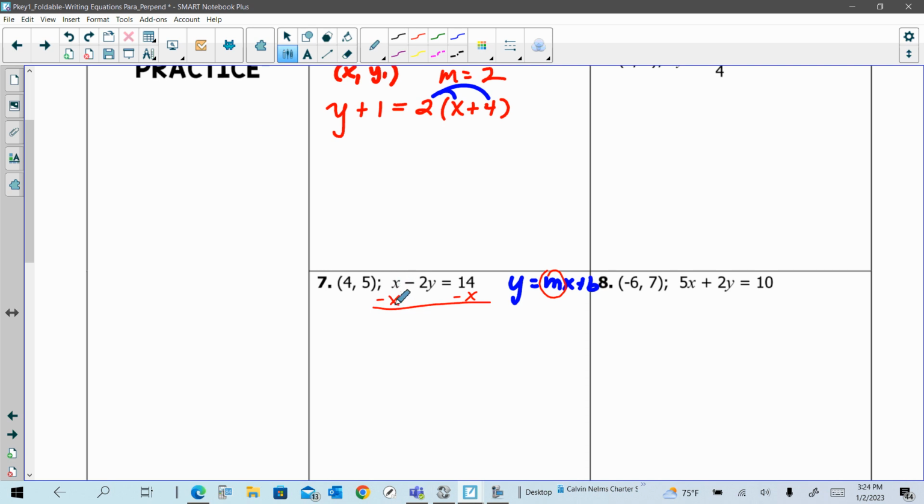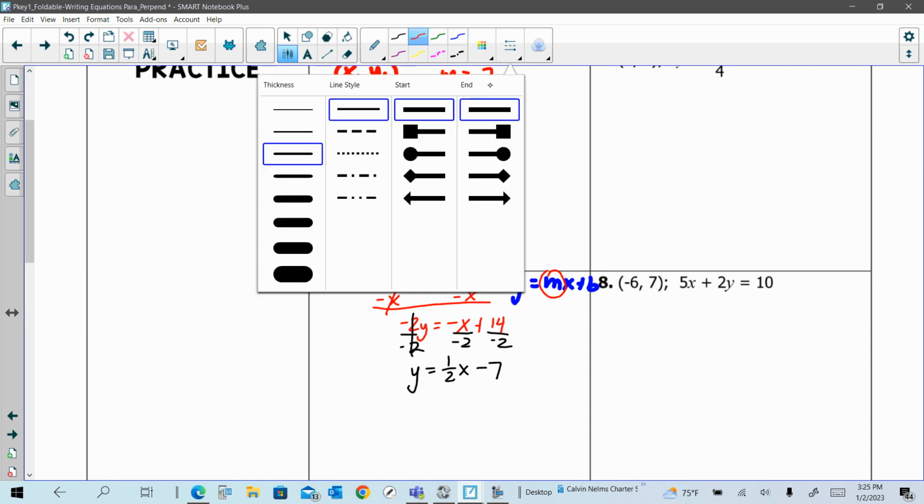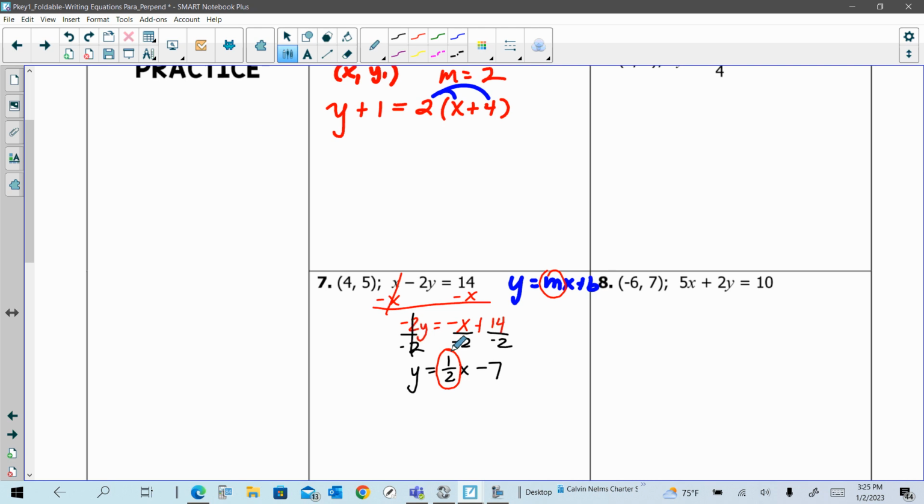So if this x is positive, I'm doing negative. Rewrite everything, -2y. Write the x term first, which is -x plus 14. And now to solve for the y, we divide everything by exactly -2. And by doing that and simplifying this, this will be written as 1/2 x, it's positive, minus 7. And now you can see the slope to put it into your point slope form.